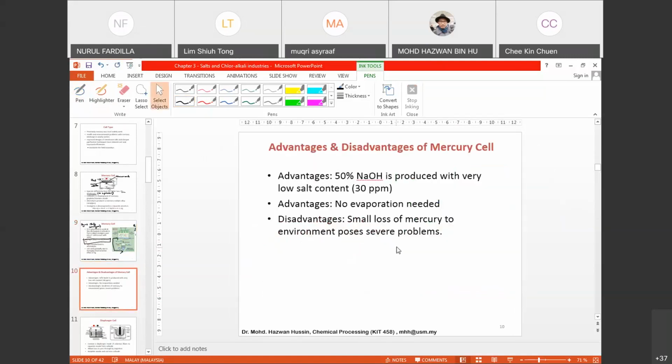Of course, the advantages of mercury cell: it produces around 50% sodium hydroxide with a low salt content. Meaning that what you can achieve from mercury cell is high purity.